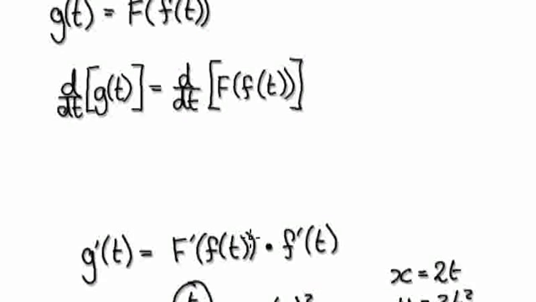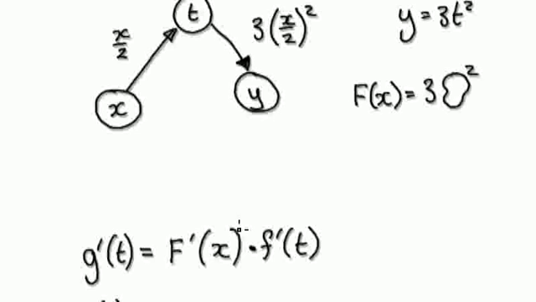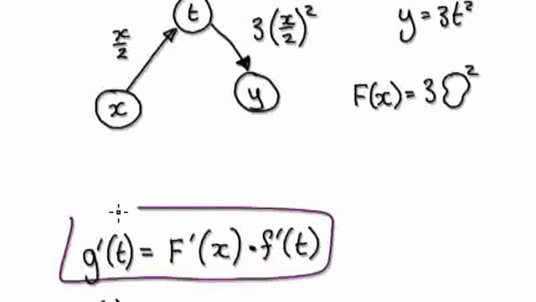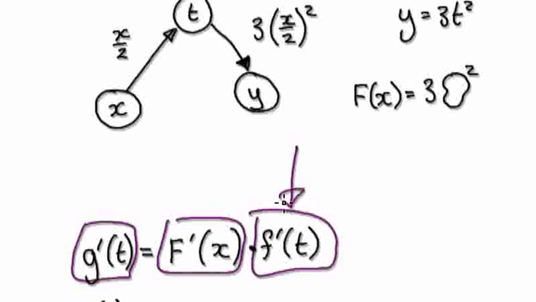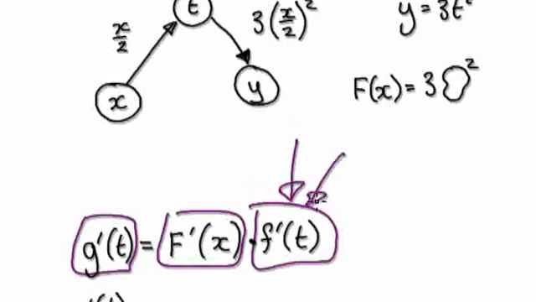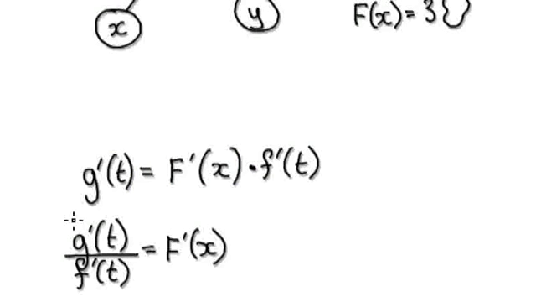But now replace this with x, because x is f of t. That will then give you this. So now you've got this thing equals this thing times this thing. Divide both sides by f prime of t, and that will give you this.